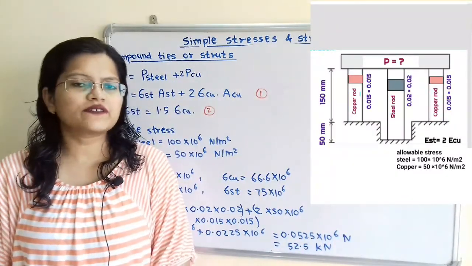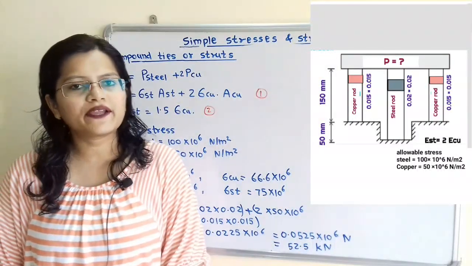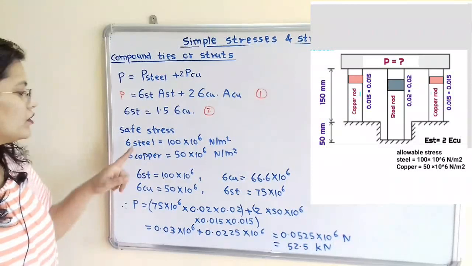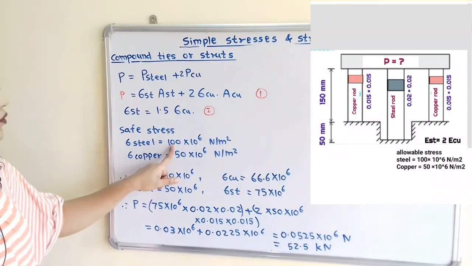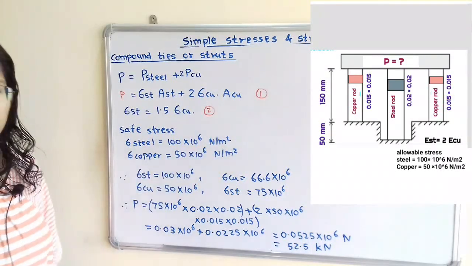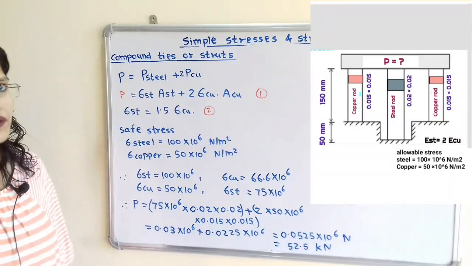Now we will cross verify the safe stress mentioned in the question by using equation number 2. The stress given for steel is 100 into 10 raised to 6 Newton per meter square, and for copper 50 into 10 raised to 6 Newton per meter square.